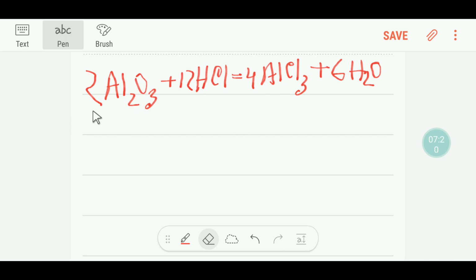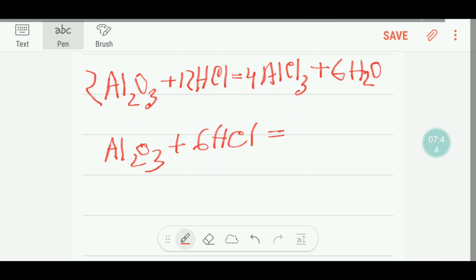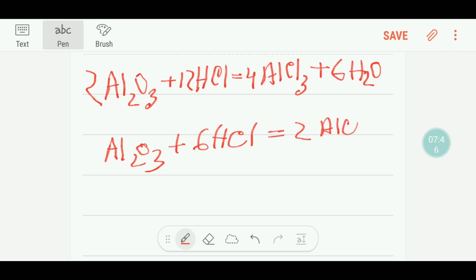So if you want to get the lowest coefficient, then you can divide the whole equation by 2, then you will get here aluminium trioxide plus 6 molecule HCl equal to 2 aluminium trichloride and 3 molecule of water. Actually, this is the balanced reaction, right?